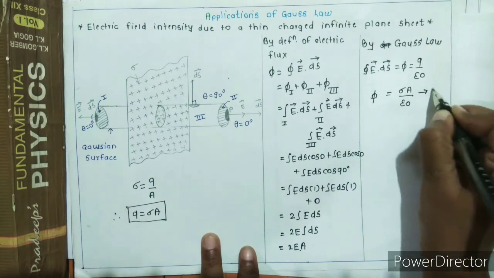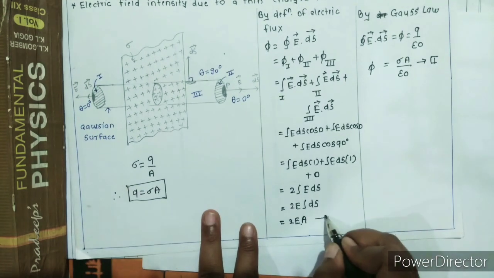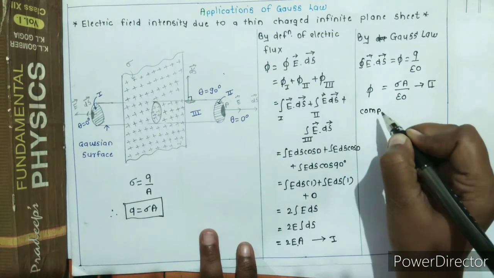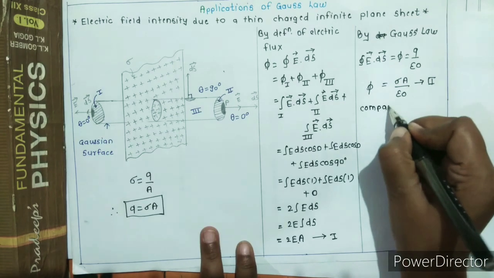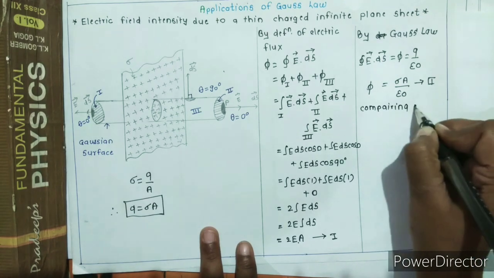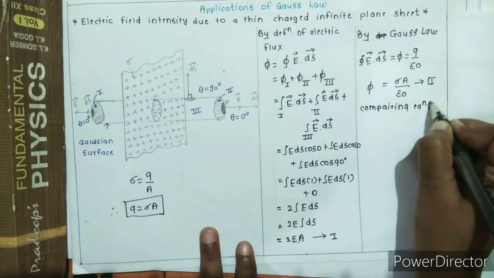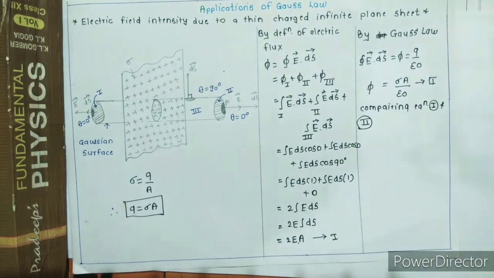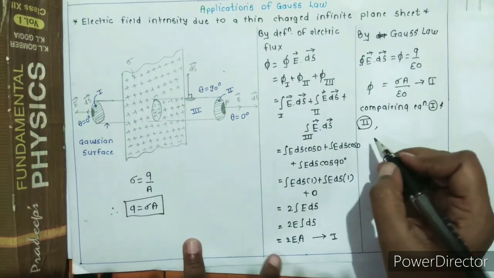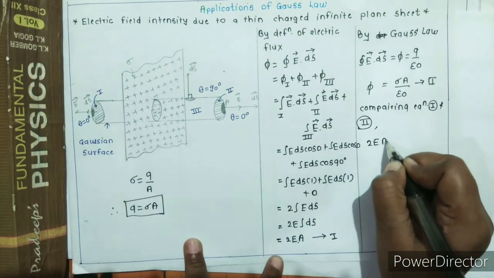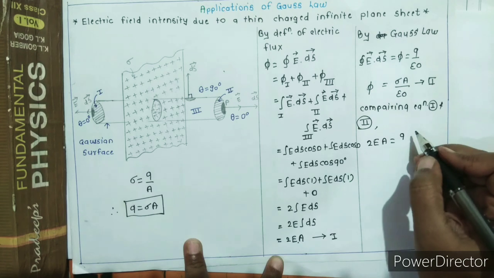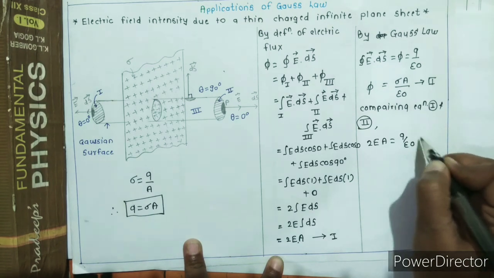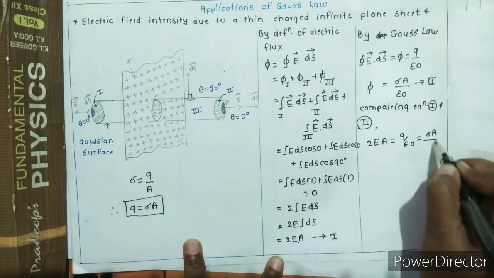This is my second equation and this is my first equation, comparing equation first and second. I get 2EA is equal to q upon epsilon 0, which is equal to sigma A upon epsilon 0.